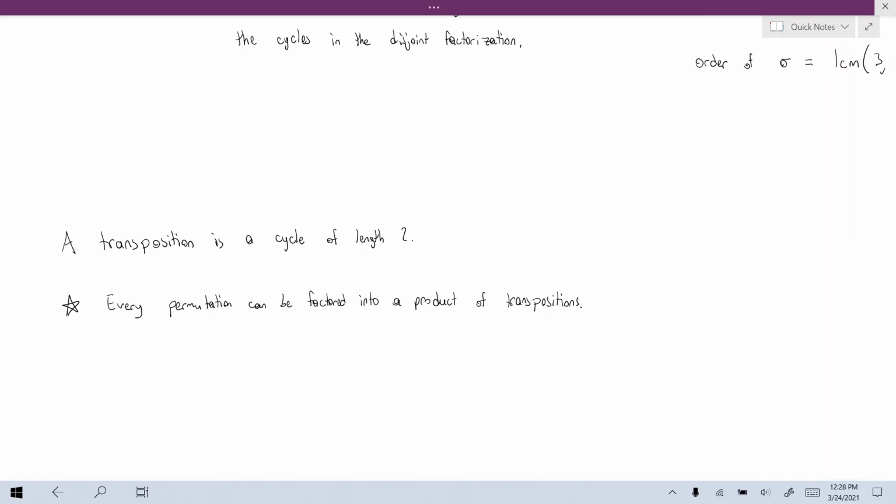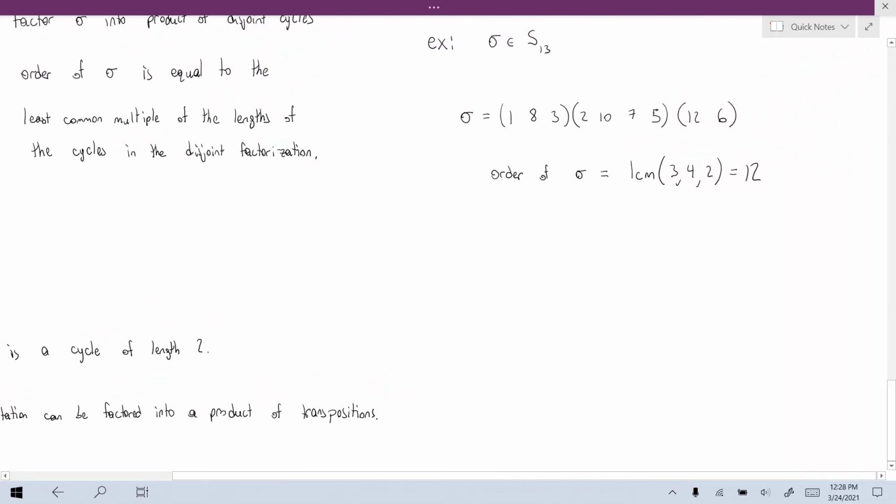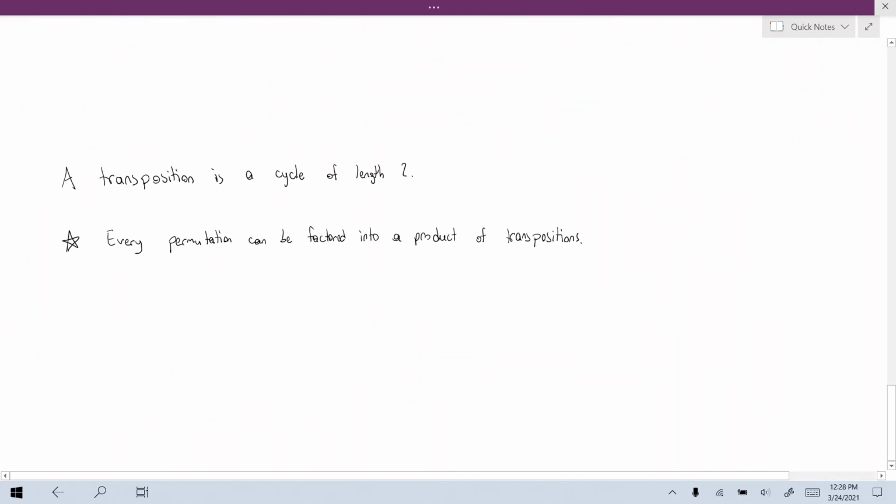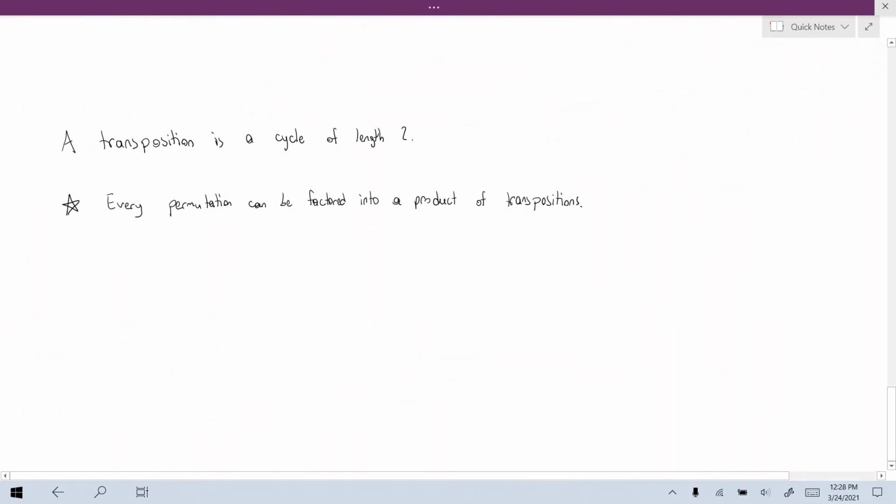So let me illustrate how that would work. So we know that every permutation factors into a product of disjoint cycles. So if we can just factor every cycle as a product of transpositions, we could then easily factor any permutation into a product of transpositions.